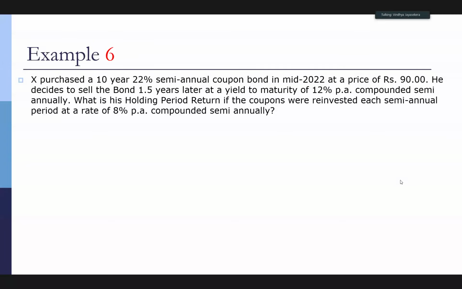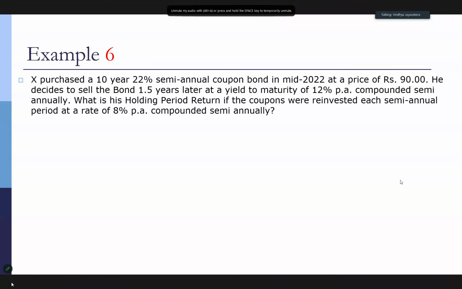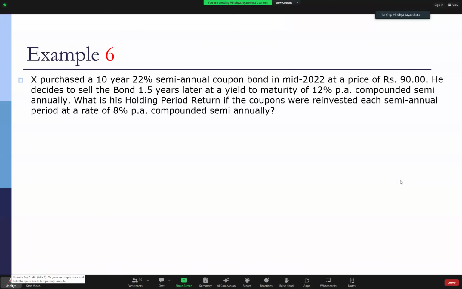So what's the first thing you have to do in this sum? What don't you have? Does the bond mature? Are you doing it for 10 years? What is your holding period? For how long are you calculating? 1.5 years, right? Yes. So if you're calculating for 1.5 years, what's the first thing that you have to figure out? Sales price. Yes. What's your selling price? That's the first thing that you need to figure out.